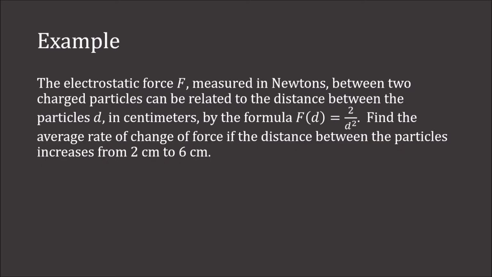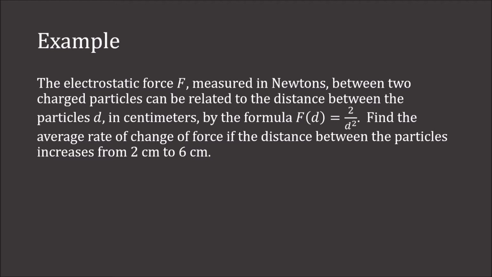The electrostatic force measured in Newtons between two charged particles can be related to the distance between the particles in centimeters by the formula F of D equals 2 over D squared. We will find the average rate of change of force if the distance between the particles increases from 2 centimeters to 6 centimeters.